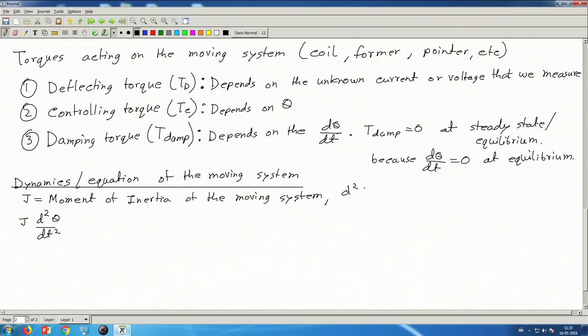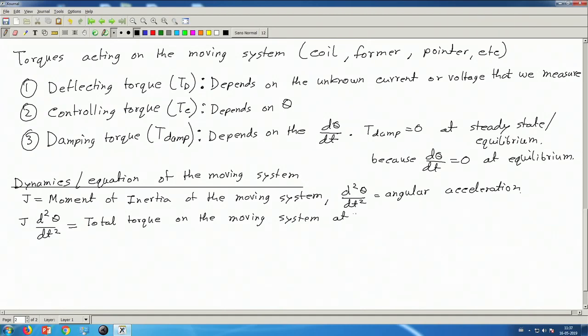Now, according to Newton's law for angular motion, this should be equal to the total torque acting on the system at any moment, always.